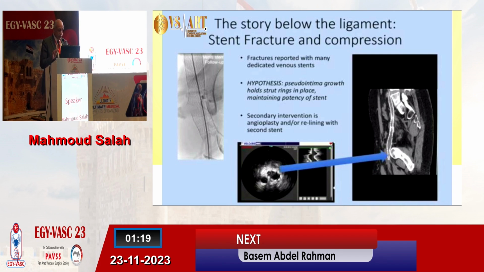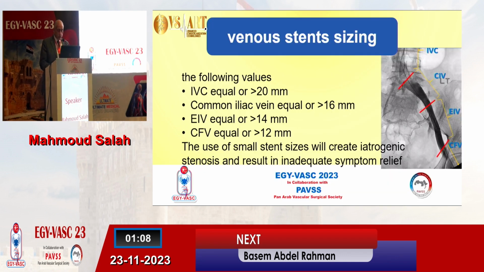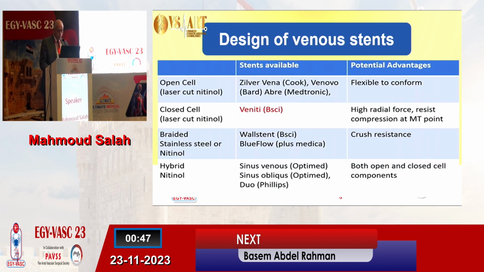The story below the ligament and stent fracture, all the problems of venous stents, most probably come from below the ligament. The sizing is different: IVC more than 20, common iliac more than 16, external iliac 14, and common femoral 12. Using a small stent is a catastrophe, because this will be the beginning of a long cascade of problems.